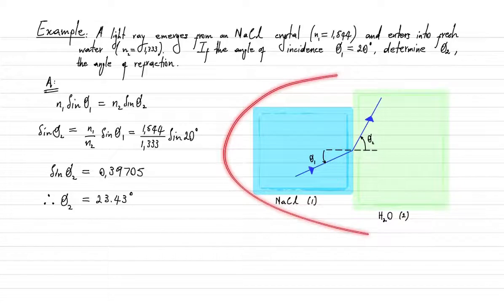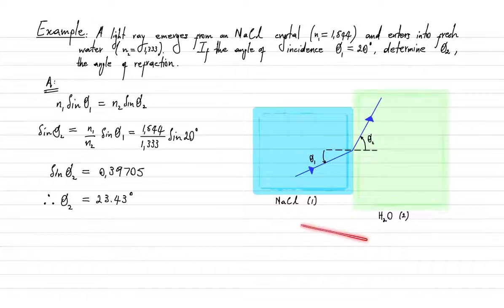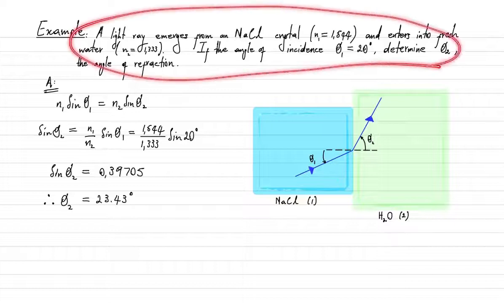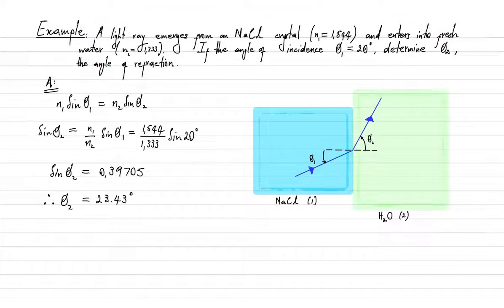I commend you to be careful that sometimes the pictures are just to illustrate the statement. They are not to be considered to be drawn to scale. And this is testimony of that. Alrighty, I hope this example gives you a bit of a handle on how to employ Snell's law.